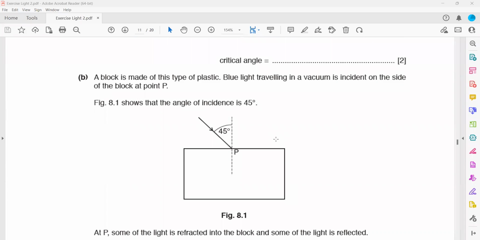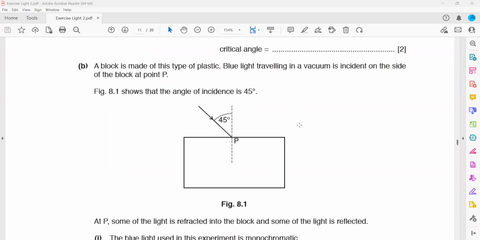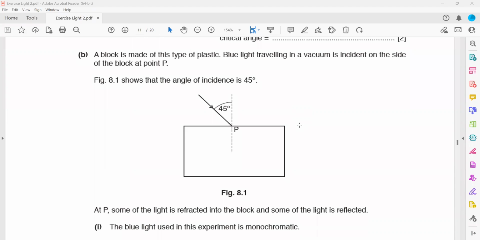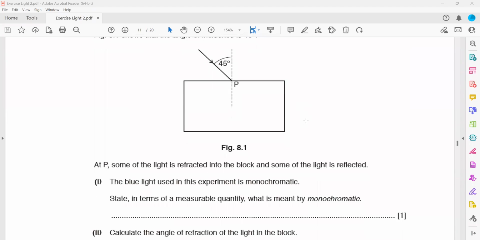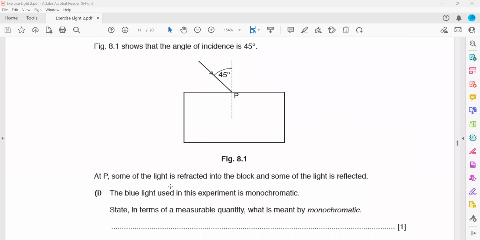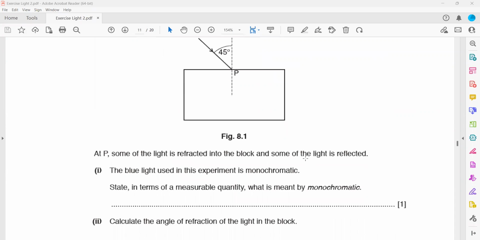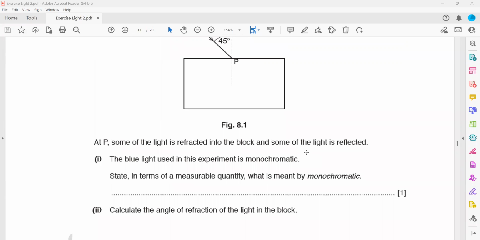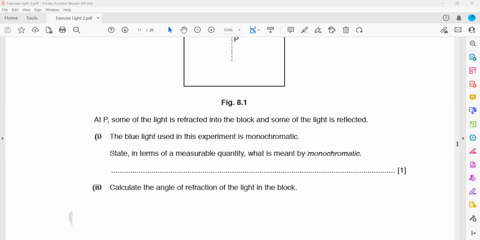A block is there which is made from this type of plastic. A blue light travels in a vacuum. The angle of incidence is 45. At point P, some of the light is refracted and some is reflected. The blue light used in this experiment is monochromatic. What is the meaning of monochromatic? A light with a single frequency.